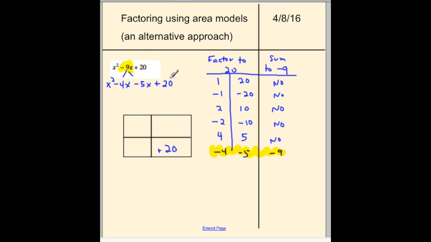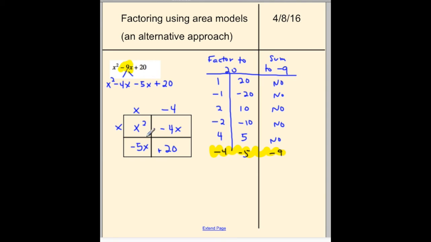This is the area that was gotten by multiplying two binomials. So let's do it. Let's find out what that area becomes. Minus 4x minus 5x. Well, x times x would have given us the x squared. And x times what gives us negative 4x? Well, x times negative 4 gives us this area, negative 4x.